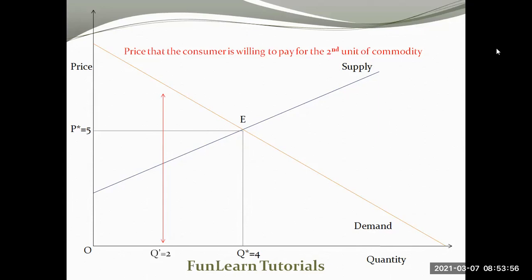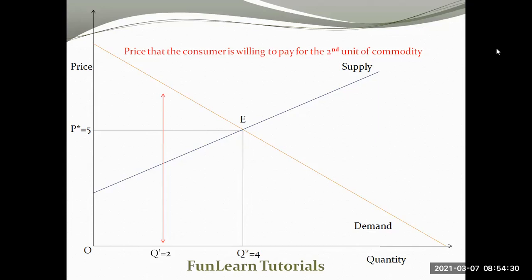So let's say we take the second unit of commodity. If we draw a vertical straight line from Q dashed equal to 2, which intersects the quantity demanded, then the height of that vertical line, it's not a complete line if we look at the red line, but if we imagine that there's a complete line which intersects the horizontal axis and the demand curve, then the height of that entire red line will represent the price that the consumer is willing to pay for the second unit of commodity.